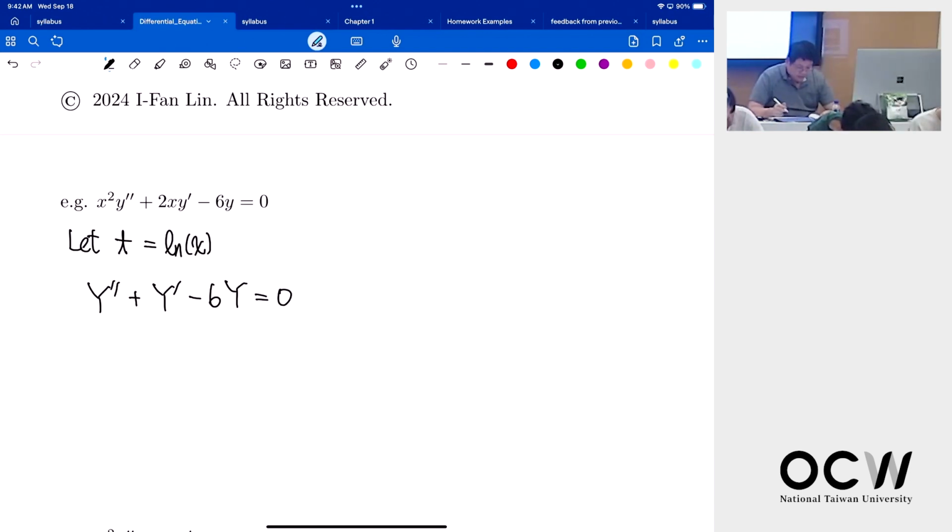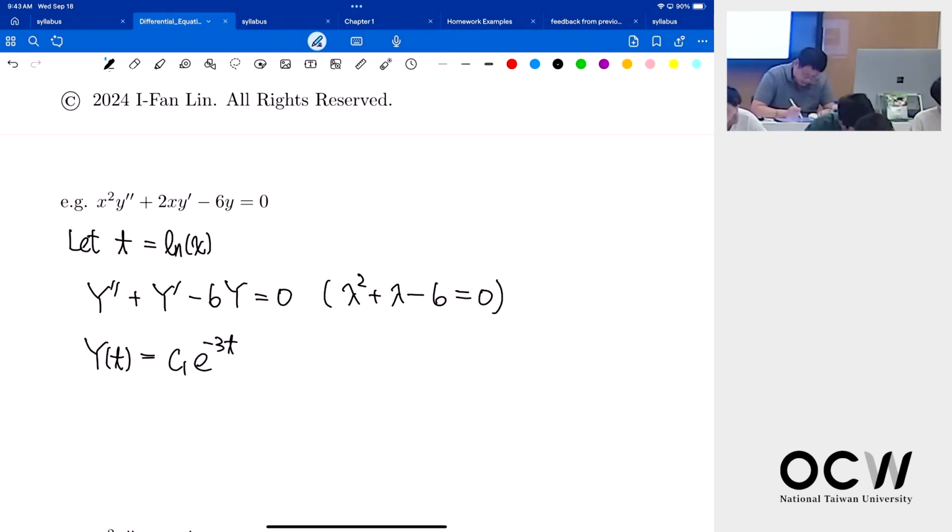To find a solution, the characteristic equation is lambda squared plus lambda minus 6 equals 0. So your lambda could be minus 3 and also 2. That's two real distinct roots. So my solution Y of t is c1 e to the minus 3t plus c2 e to the 2t, because lambda is either minus 3 or 2. But this is capital Y and the variable is t.